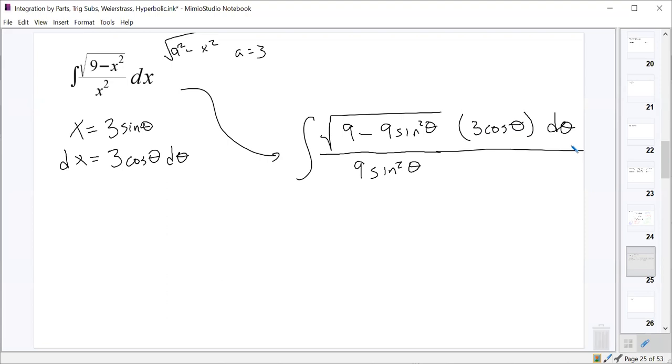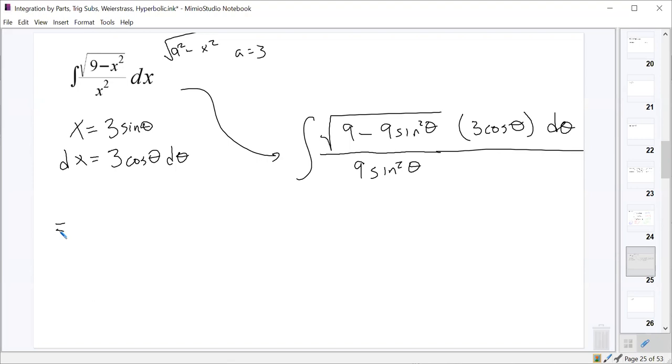And so now we have something all in terms of sine and cosine, all in terms of theta, right? With a d theta attached to it. And so we should be able to integrate this really easily now. Doesn't it look really easy to integrate? The answer is yes, it looks exceptionally easy to integrate because we're going to simplify it down.